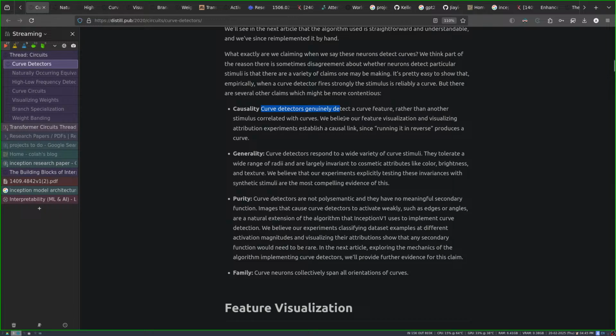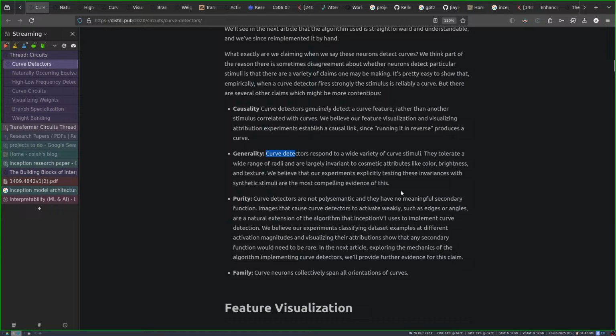We believe our feature visualization and visualizing attribution experiments establish a causal link, since running in reverse produces a curve. I don't get it, but this is not the stream to go behind that.